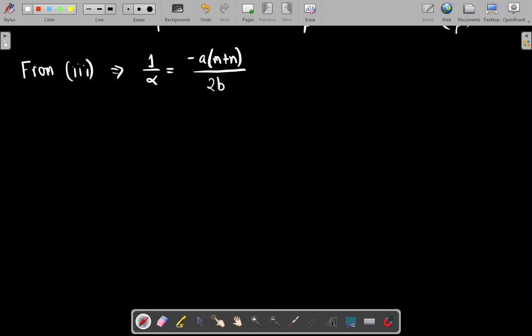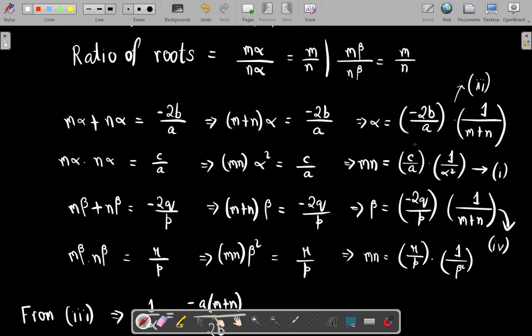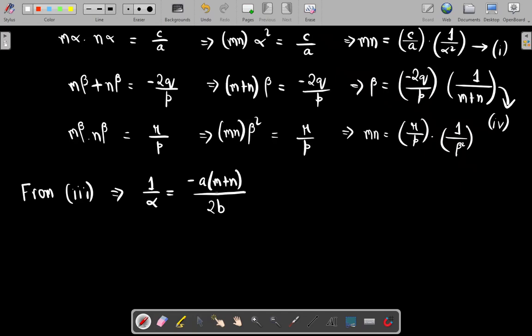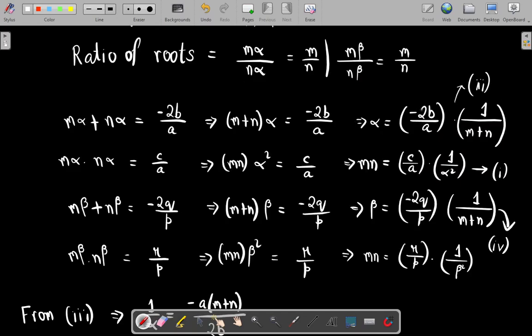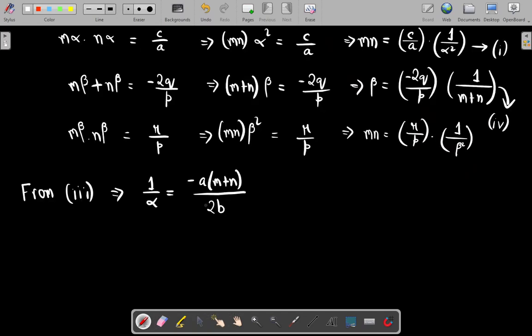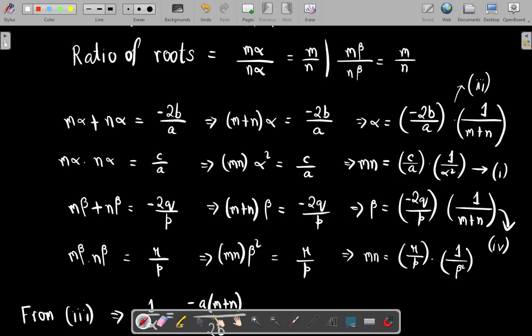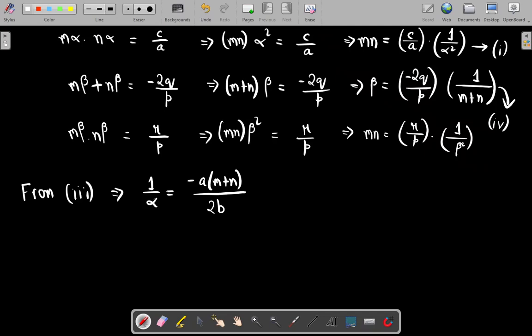I've just reciprocated both sides of equation 3. In the denominator it was a times (m + n), so this has come in the numerator, and the minus 2b, the minus sign is up here and 2b is in the denominator. Now in equation 1, 1 upon α² is there, so I have to find 1 upon α.